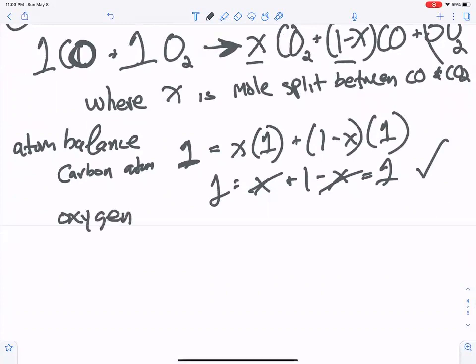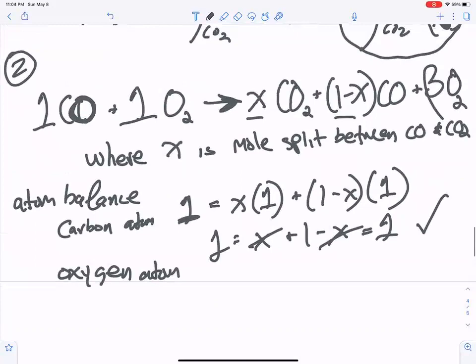Let's see, oxygen atom. On the left side, oxygen atom is both in the CO and in the O2. So there is 1 atom of oxygen in 1 mole of CO. So that's 1 times 1, plus in the O2 molecule, there's 2 atoms and 1 mole of O2. That's the left side.